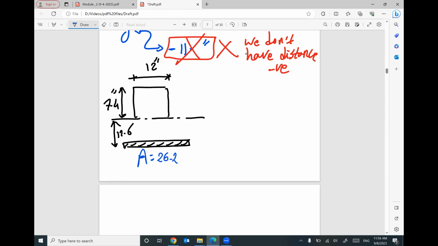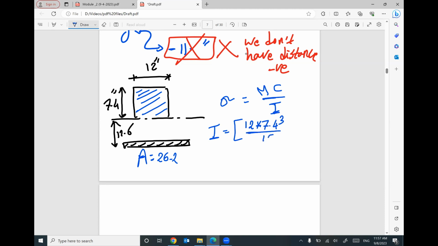So your stress sigma equals Mc divided by I. What is the value of I? For this part, your I will be bh cubed divided by 12. So 12 times 7.4 cubed divided by 12.